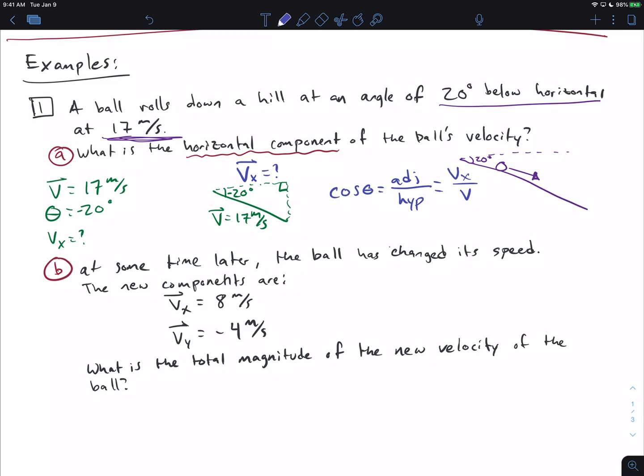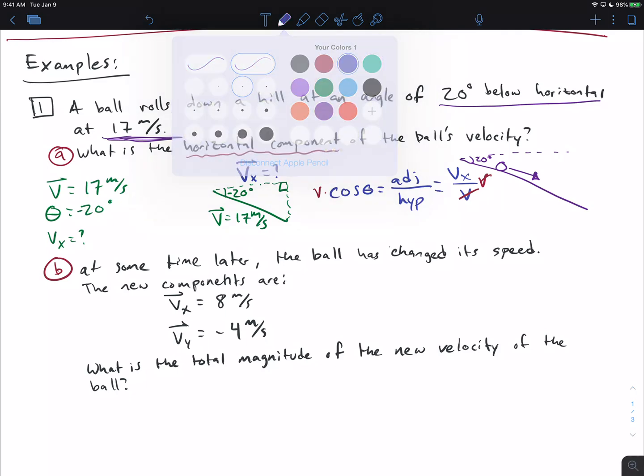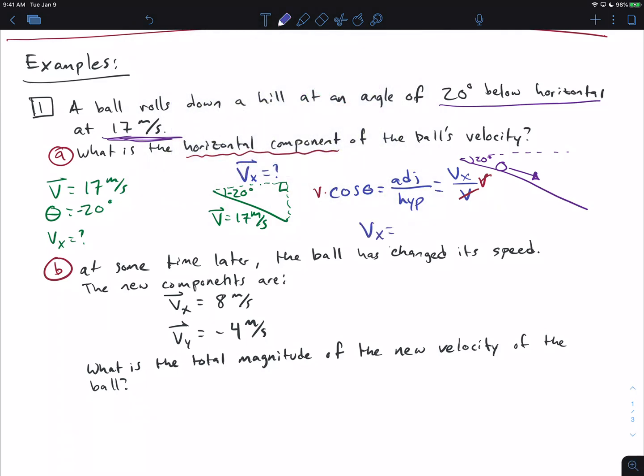All we have to do is fill in everything that we know. Since I'm looking for Vx, I can just multiply both sides by V, and these will cancel, and Vx will be by itself. So what we'll end up with here is Vx is equal to V cosine theta.